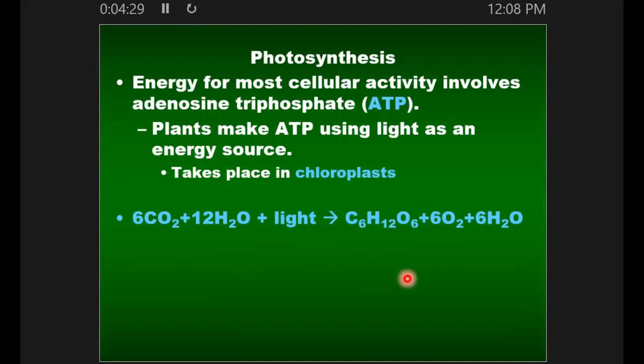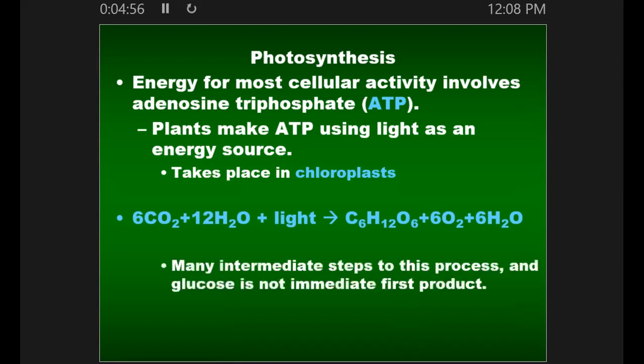It's a little bit confusing, but I understand why they write it this way. I'm just trying to orient your head if you've seen this equation before, but actually glucose isn't the first sugar that they make. C6H12O6 is just referring to a sugar, so you have to keep it a little bit more vague, a sugar, okay?